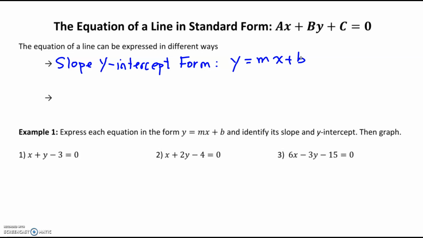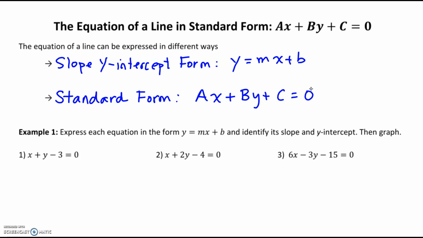But lines can be written in another form, and that is called standard form. And standard form looks the way that it says in the title. So all the terms are on one side of the equation, usually the left side, and it equals 0.